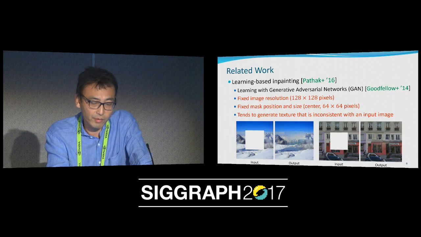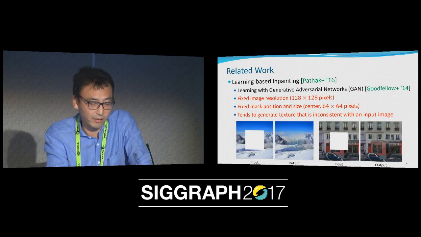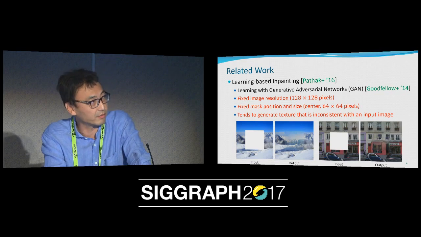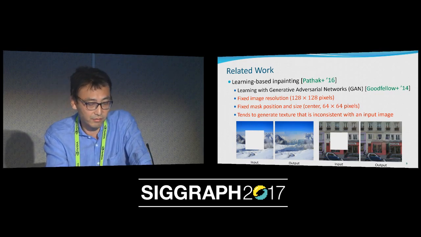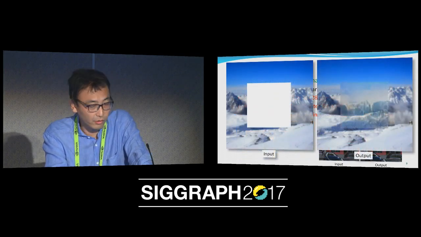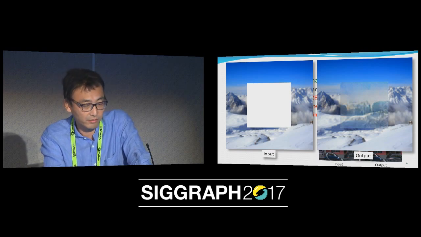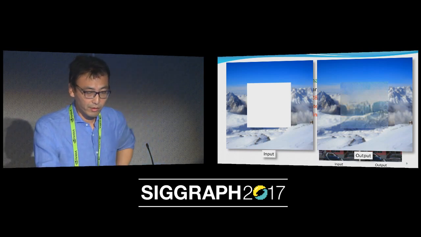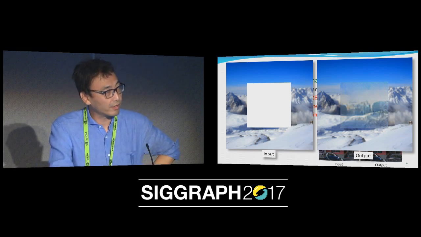This is a strong limitation for the image completion problem in practice, which generally targets arbitrary missing regions in images of various sizes. Also, looking closely, their method tends to generate texture that is inconsistent with the input image. So we thought we could improve upon it substantially.